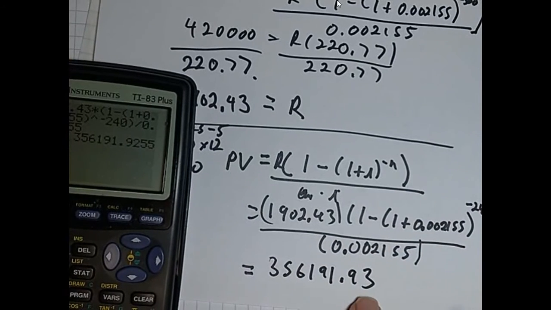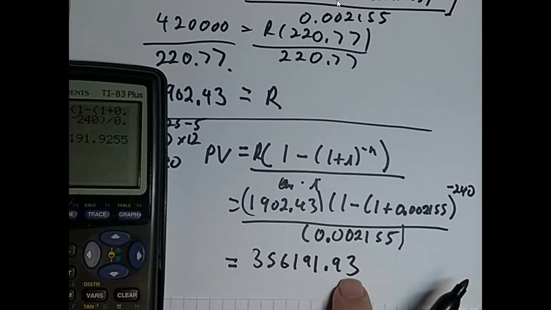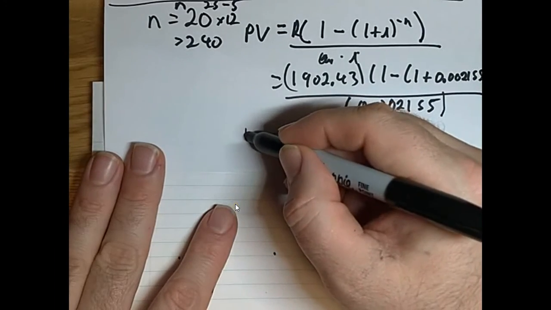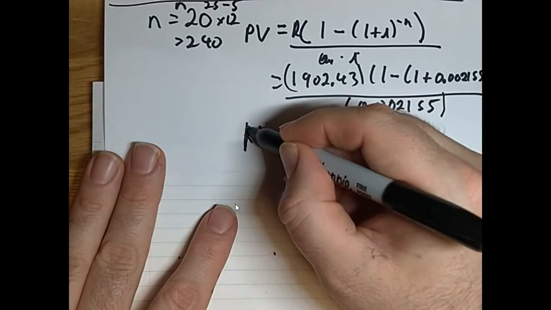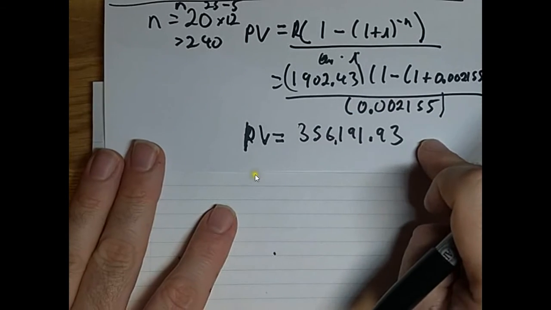That's how much we still owe the bank. You have 20 years to go, so that's how many more payments we have. We've already paid some of it off, but we still owe the bank this amount of money. So our present value is that. That's how much we owe the bank.